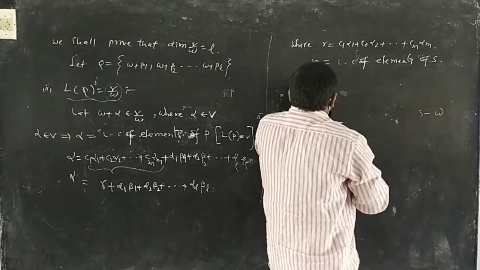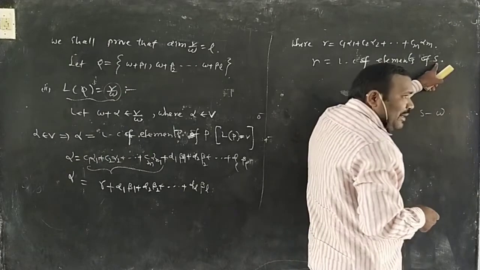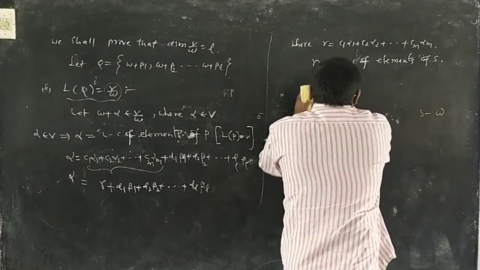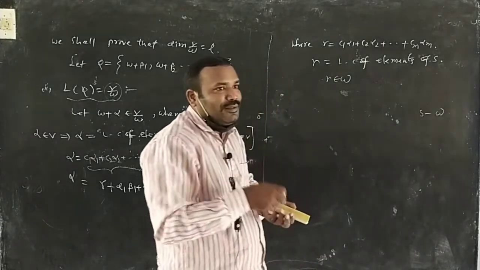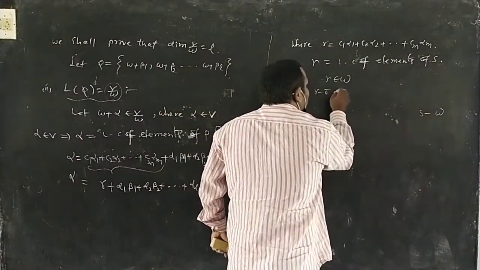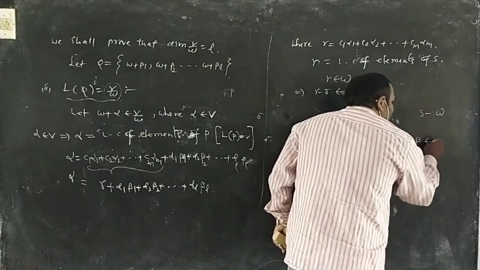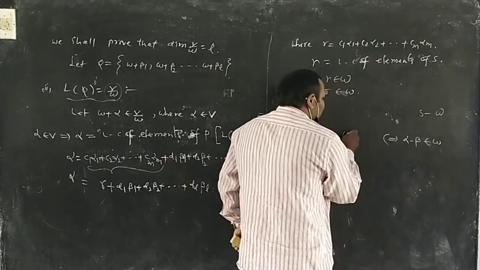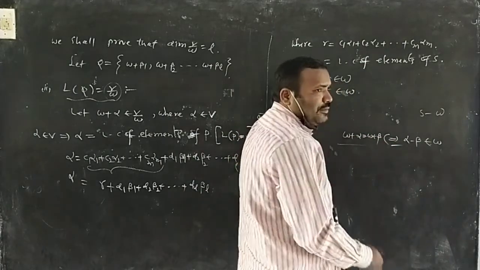So a vector is expressed as a linear combination of elements of S means this vector belongs to W. Gamma belongs to W. This can be written as gamma minus 0 bar belongs to W. If alpha minus beta belongs to W, you can write W plus alpha equal to W plus beta if and only if, necessary and sufficient.